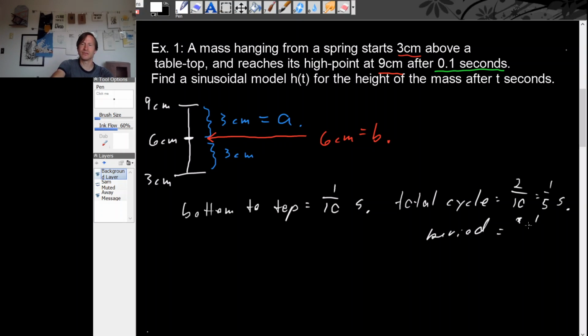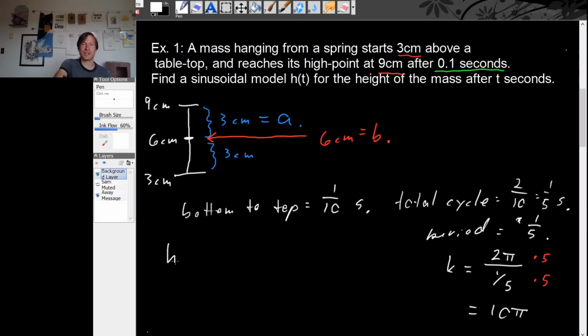So period is 1/5. And so our value k is 2 pi divided by the period. So 2 pi times 5. And then simplify your fraction by multiplying numerator and denominator by 5. And you get 10 pi for the value of k.